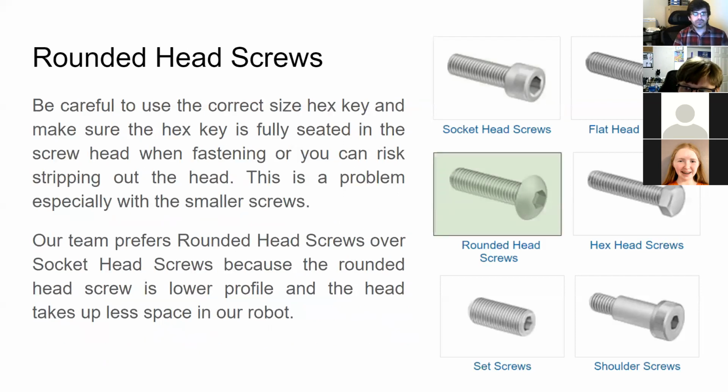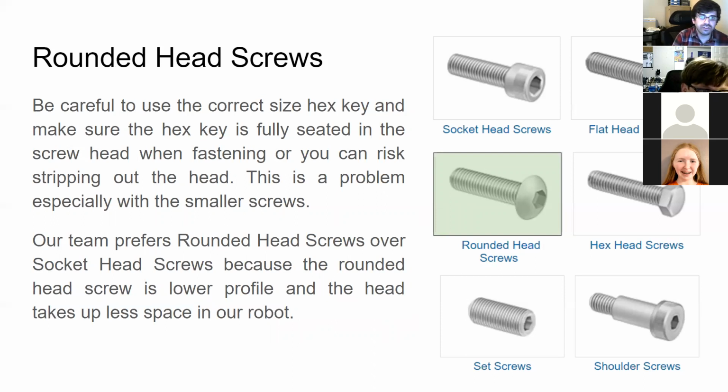Round-headed screws are great. We use them a lot. The ones that we buy have this hex key shape. Make sure you're using the right size hex key. You can strip the head of the screw, which means that you basically round out the hex so that no tool can grab onto it and it gets stuck in your robot.